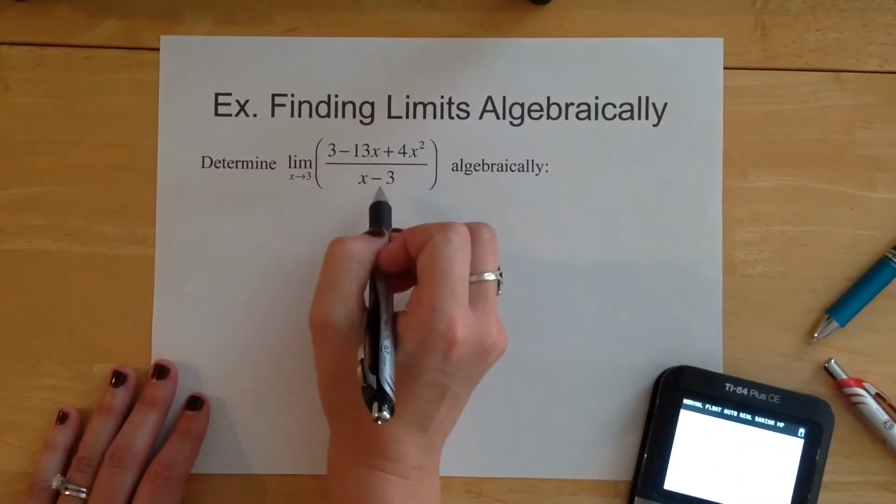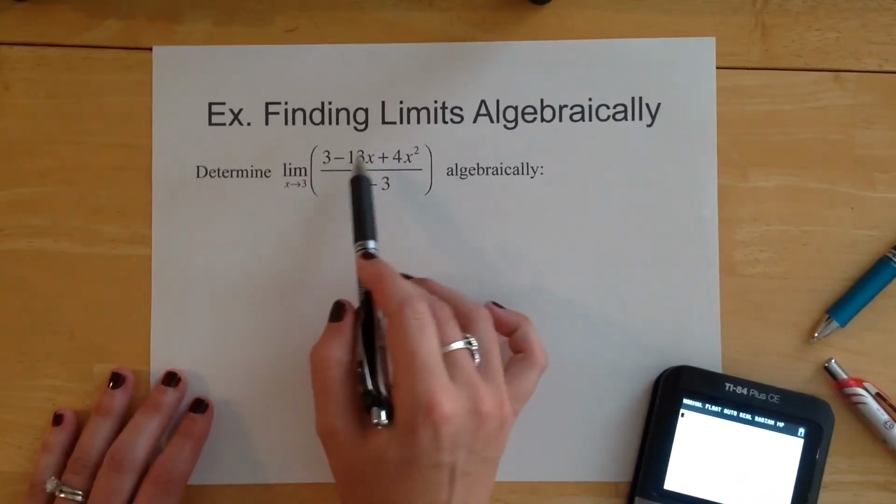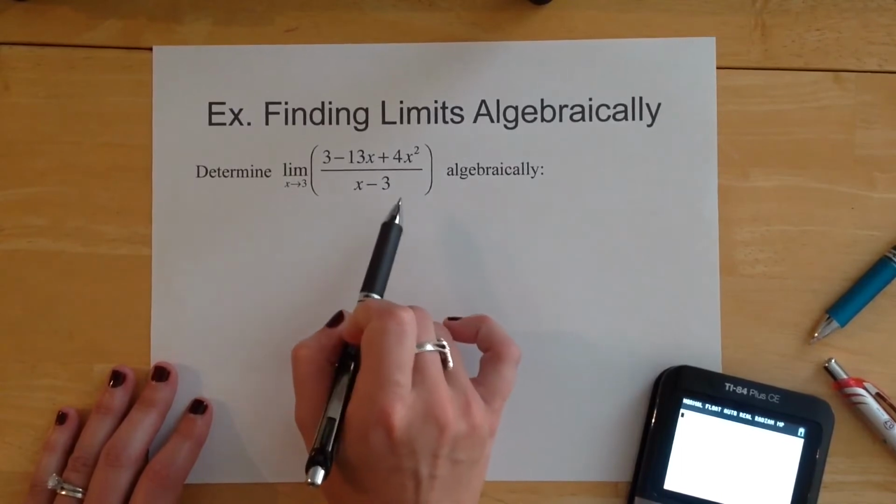So let's look, we know that a common factor is causing 0 over 0. So I know one of the factors in the numerator has to be x minus 3.